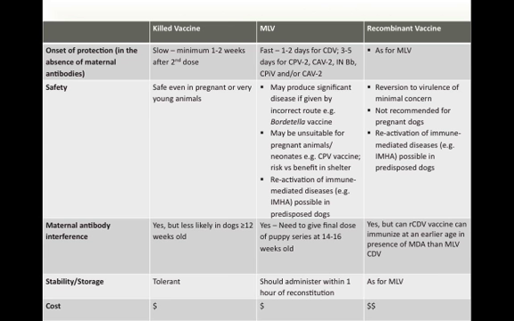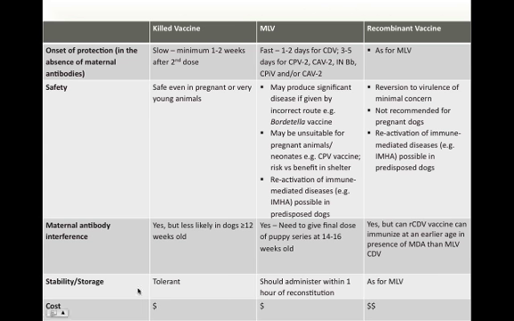As long as you give a dog that is over 14 to 16 weeks of age modified live vaccine, you can be pretty sure that there is not going to be any maternal antibody interference. Recombinant vaccines can have some advantages here, especially with canine distemper virus, and some people do choose to use recombinant vaccines in their puppy population for this particular reason.